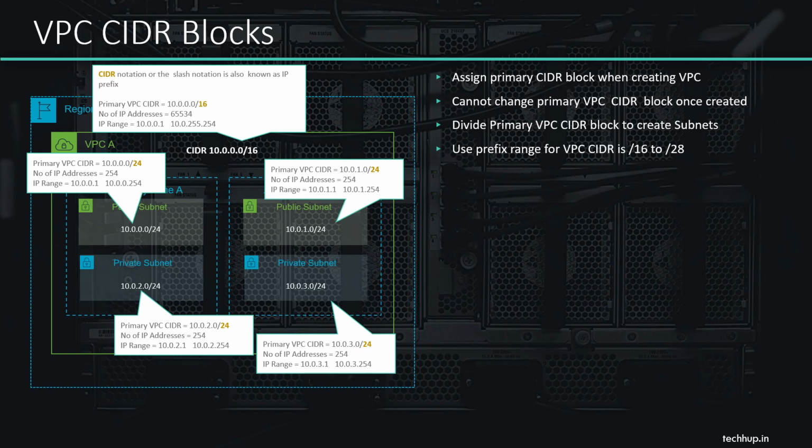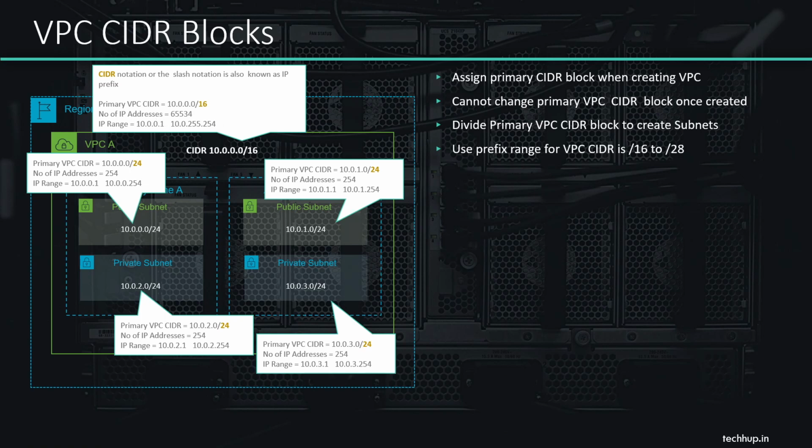What it means is that a /16 prefix for a network 10.0.0.0 means a total of 65,534 IP addresses, and the range starts from 10.0.0.1 to 10.0.255.254. Now, the subnet CIDR should fall within this IP range. As you can see here, all the IPs fall within the primary CIDR block.